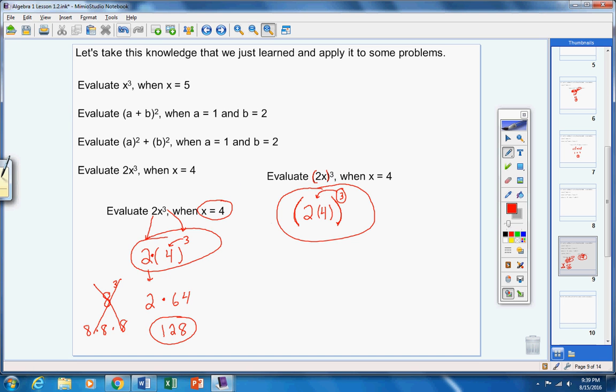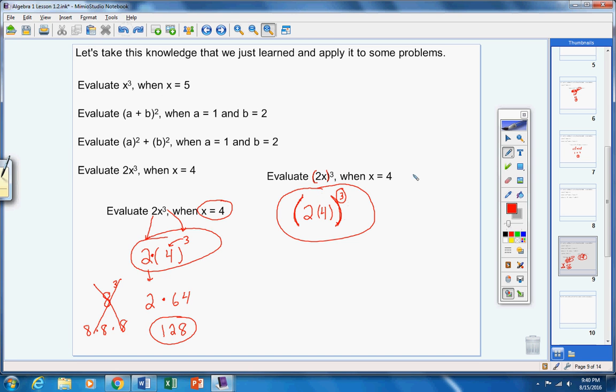So over here, I did not multiply the 2 and the 4 first. Why would I? I have a power and one number for the base. So I did my exponents first like I'm supposed to. But over here, I have a power, and look at my base. I've got 2 numbers here. Do you see that? I can't take 4 or 2 to the third power. I've got to simplify this first because the 3 is going to everything inside the parentheses here.